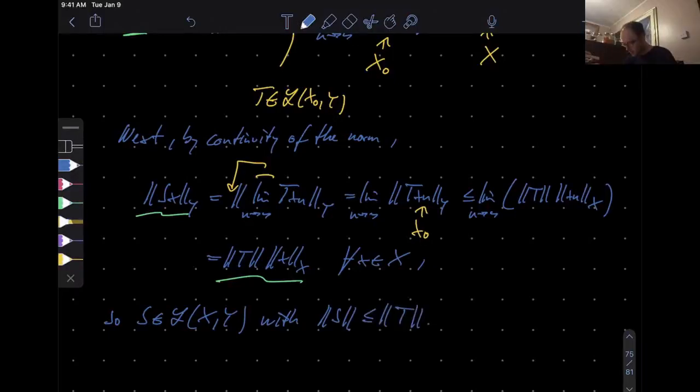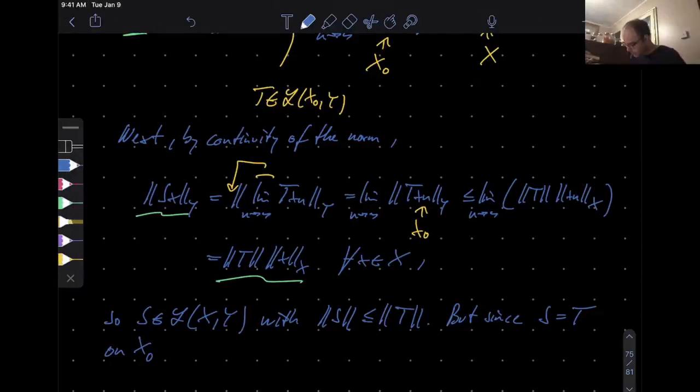Okay. Now how to get the equality there. Since we already showed that S is equal to T on the dense subspace, this means the operator norm of S cannot be strictly less than that of T, right? Because these two maps are the same on X_0, so you can just evaluate the operator norm on elements of X_0, and then they must be the same because the two operators are the same, right?